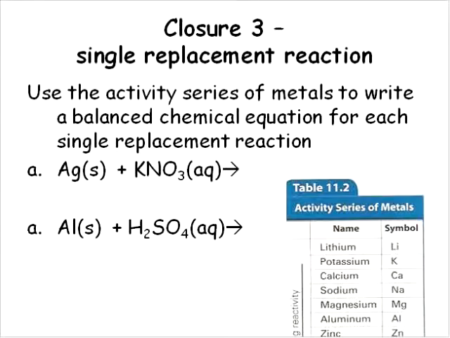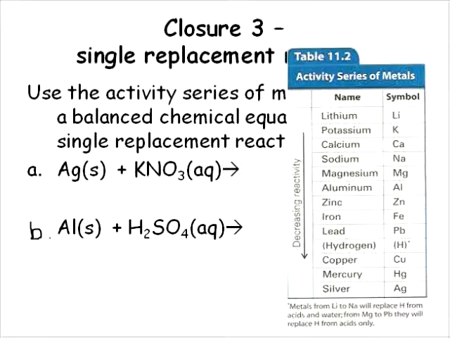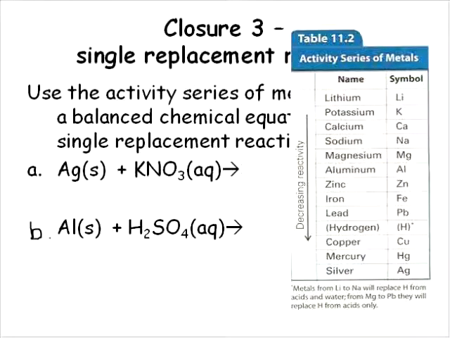Single replacement reaction. Here we have to use the activity series of the metals to write a balanced chemical equation for each single replacement reaction. I have two examples here, and I have here this activity table.